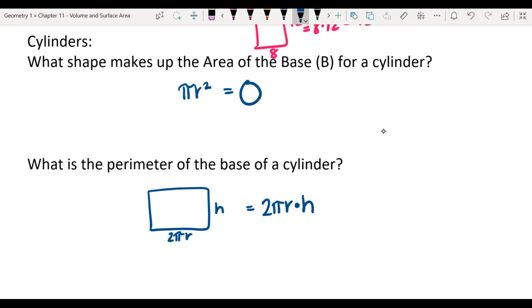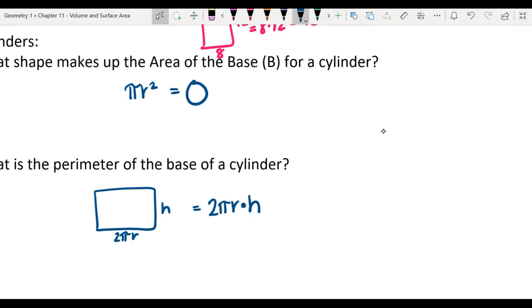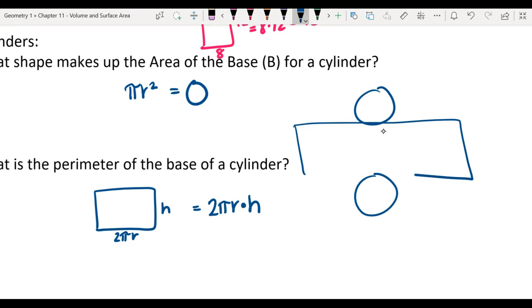Okay, so let's put this all together in one picture. I have 2 circles, and I have a rectangle in the middle. The area of this circle is pi r squared. The area of this circle is pi r squared. And the area of the shape in the middle is 2 pi r times h.